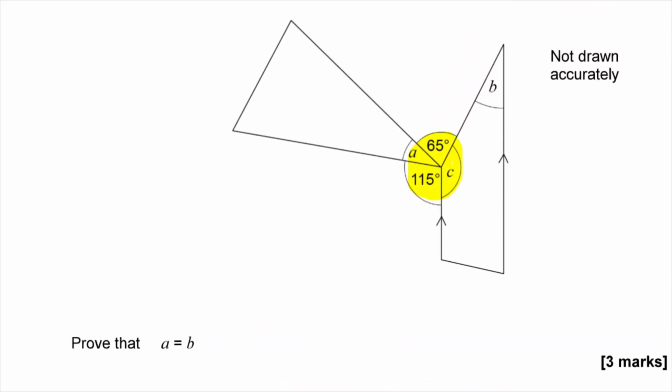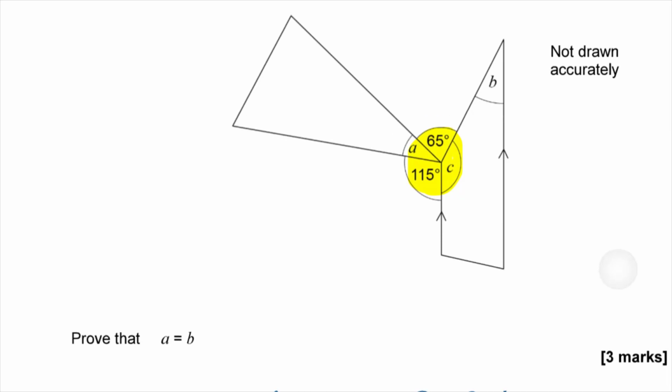Now, what else do we know? We've got C and B, which are angles sitting inside a trapezium. Now notice that these two sides are parallel, this one here and this one here. So C and B are supplementary angles, they sum to 180 degrees.